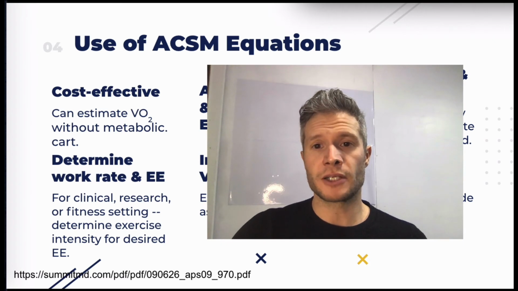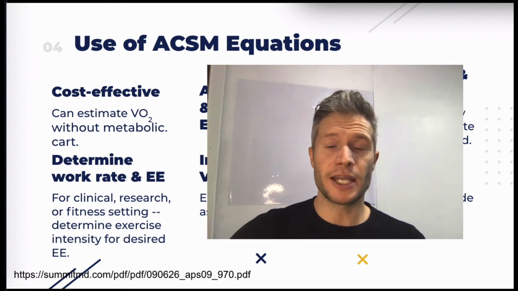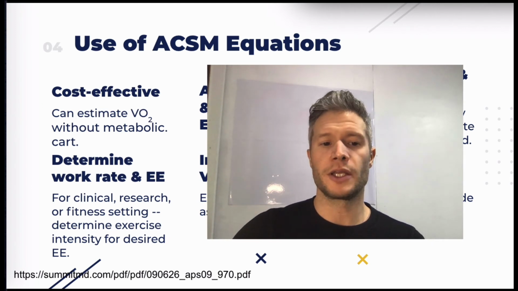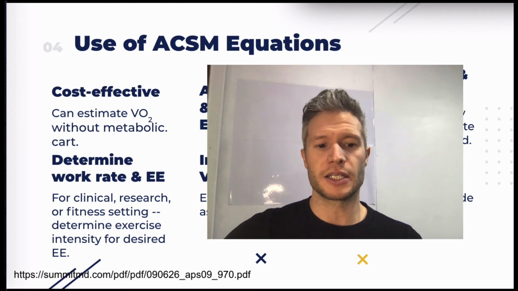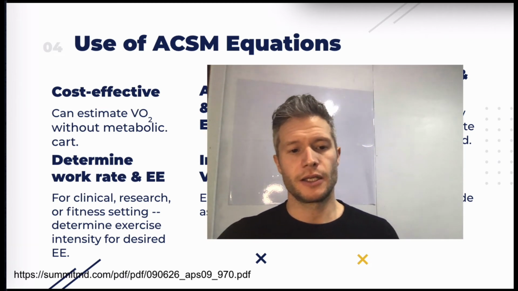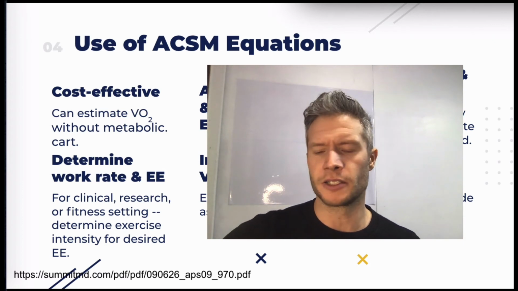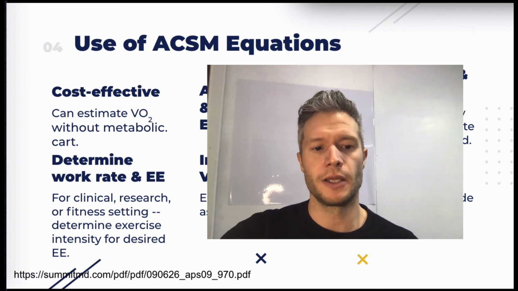How can you do that through exercise? What exercise do you want to do? ACSM has some equations for walking, running, stepping upstairs, and cycling, and I think those are the main ones. They have an arm cycle as well, but we won't be using that one.